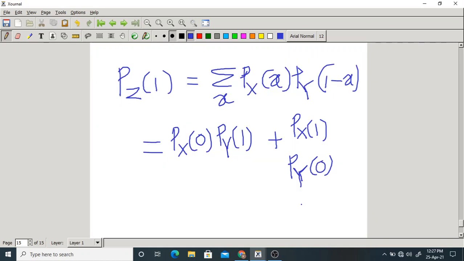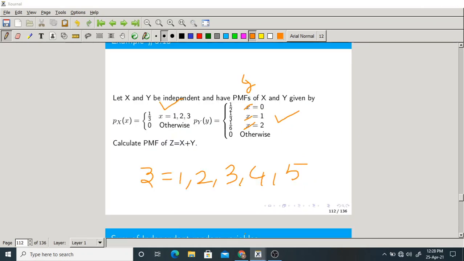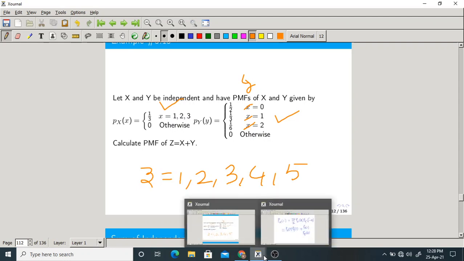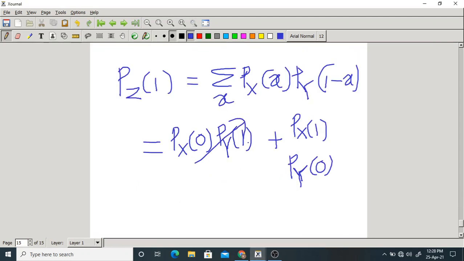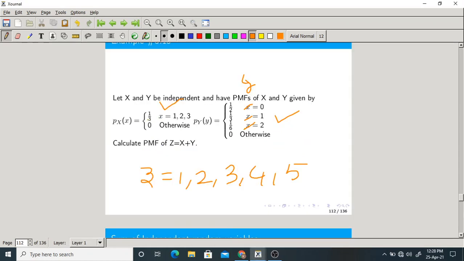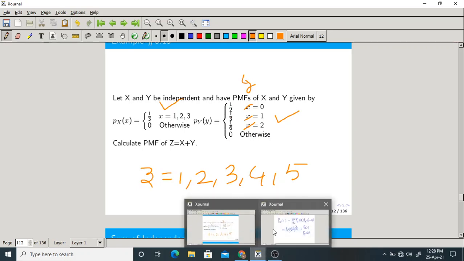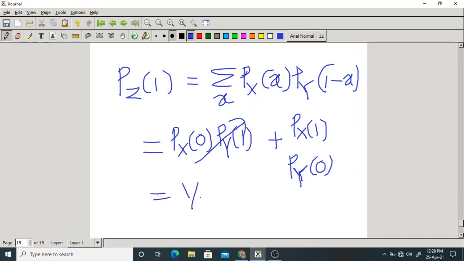If x is 2, plus Px of 2 into, so it is negative, no? 1 minus 2 is negative, not required. So we will calculate these two values only. What is Px of 0? Px of 0 is 0. It is only for 1 to 3. So this also becomes 0. So only this is non-zero: Px of 1 into Py of 0. Px of 1 means 1 by 3, into Py of 0, 1 by 2. 1 by 3 into 1 by 2 is 1 by 6. So Pz of 1 is equal to 1 by 6.